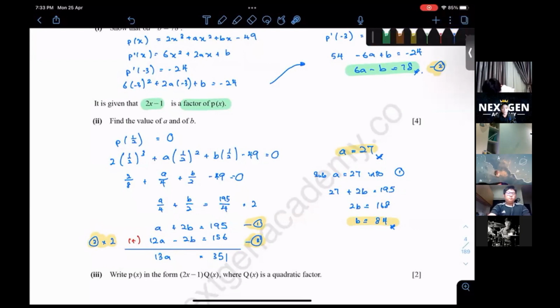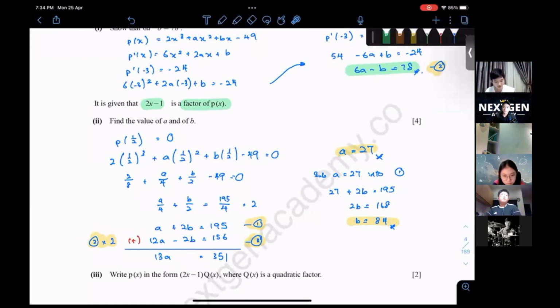Okay, so this is a 4-mark question. Number 3, we'll write p(x) in the form (2x minus 1) q(x), where q(x) is a quadratic factor. Do you all know what a quadratic factor is? A factor that is quadratic.